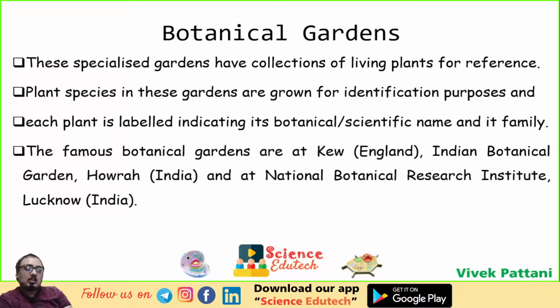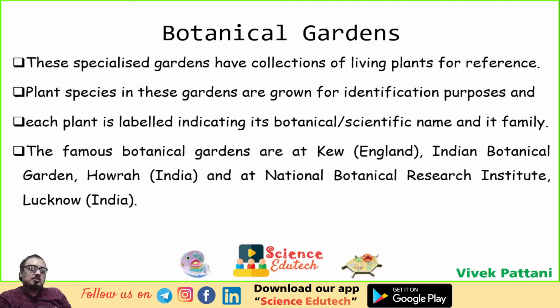The botanical garden means a scientifically planned collection of trees, shrubs, herbs, climbers, and other living plants from different parts of the globe. They are different from public parks and gardens.